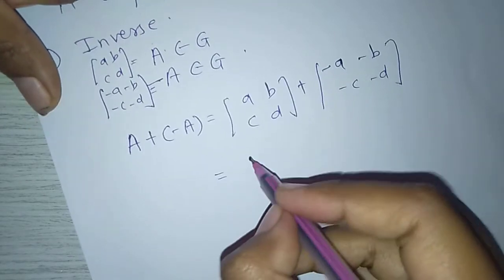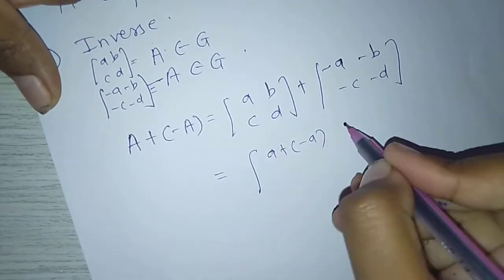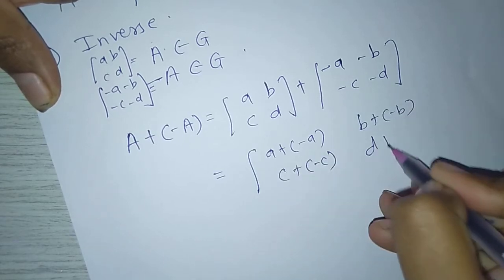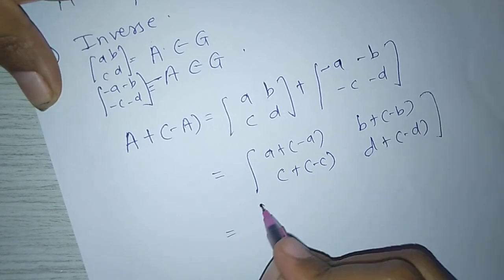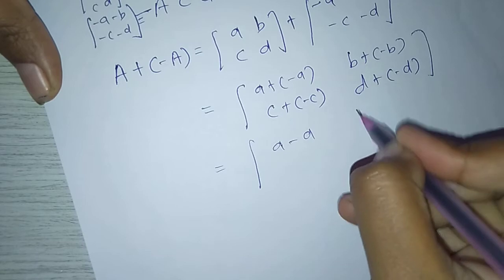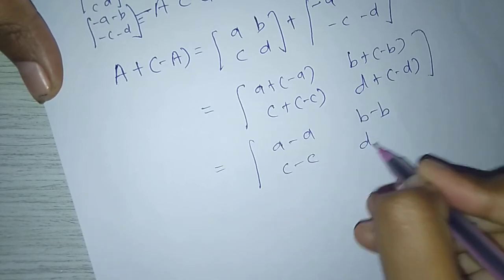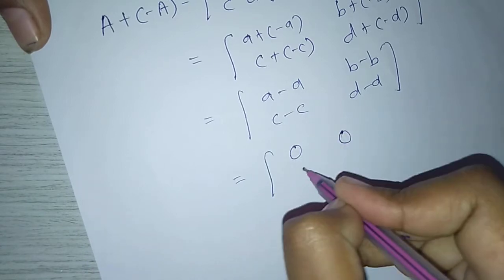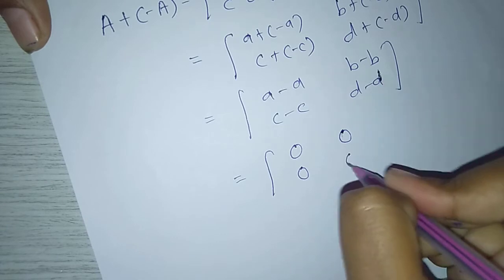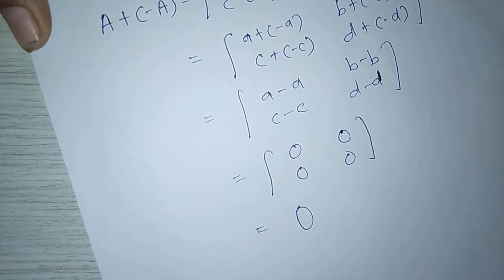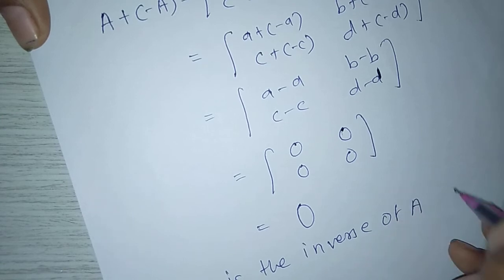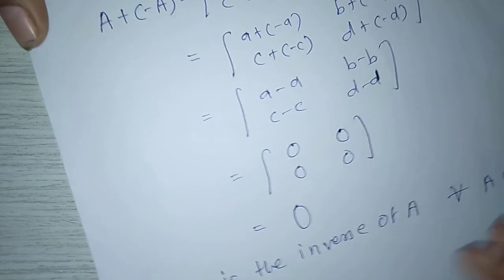Add these two matrices, we get a plus minus a, b plus minus b, c plus minus c, d plus minus d, which is equal to a minus a, b minus b, c minus c, d minus d, which is equal to 0, 0, 0, 0. We get here the identity. Therefore, minus A is the inverse of A for all A belongs to G.